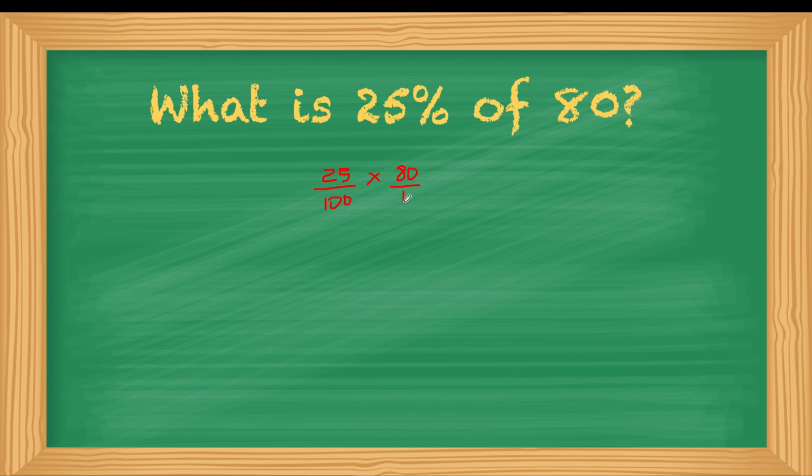Alright? Now we can cross multiply. Very good. So we can say how many sets of 10 can I get from 100? It will give me 10. How many sets of 10 can I get from 80? I will get 8. Am I finished? No, I can cross multiply some more.